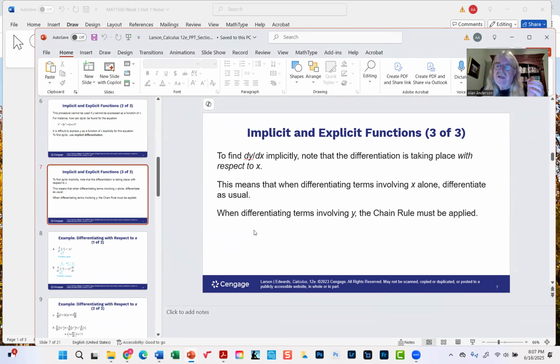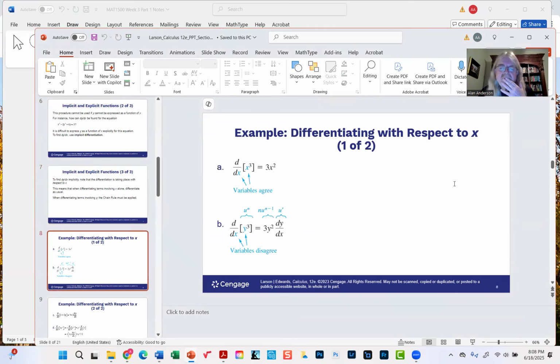But for some terms in our expression, the normal rules will be a little bit different. When we have terms that are only constants or functions of x, we use the rules that we're used to seeing. When we have a y term, we have to use the chain rule, and we're going to use it in a somewhat different way than what we're used to seeing.